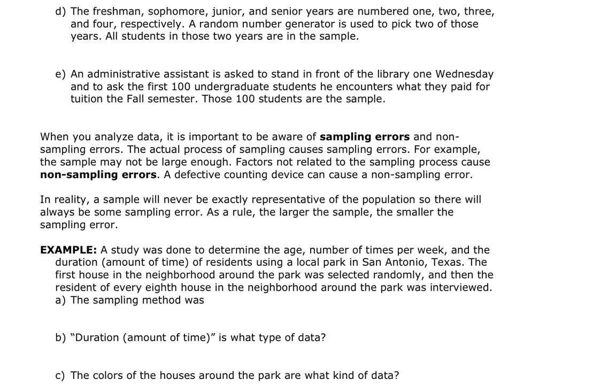And then, of course, there are non-sampling errors, and these are things that are outside of your sampling process. So a defective counting device could be a non-sampling error. There's lots of reasons why you could have sampling error. One of them, of course, is you didn't pick a large enough sample size. Another one is things beyond your control.